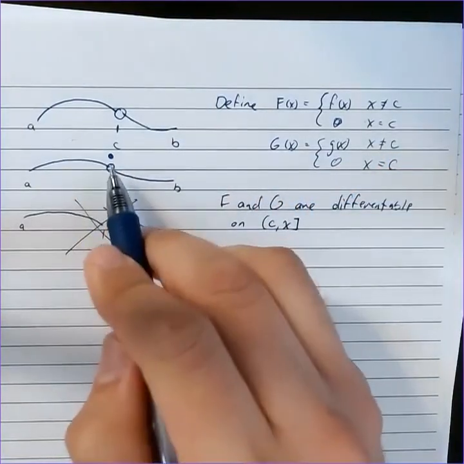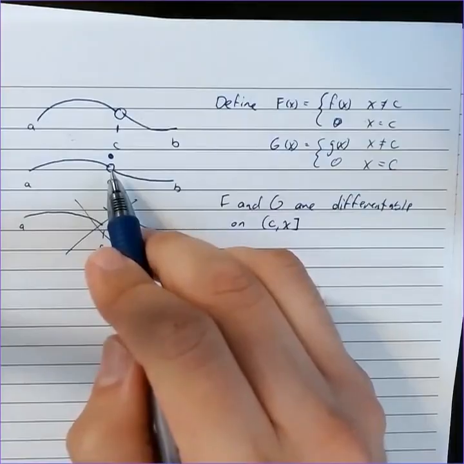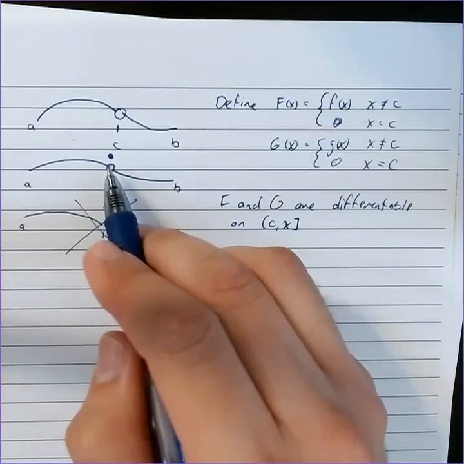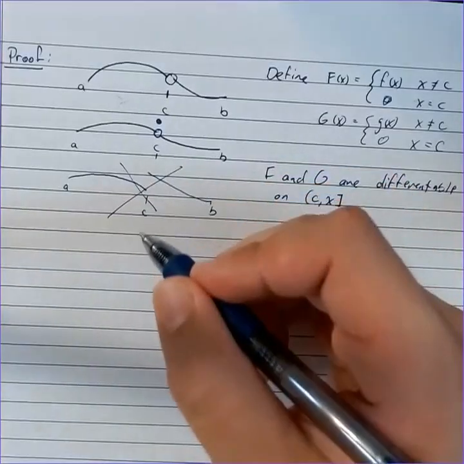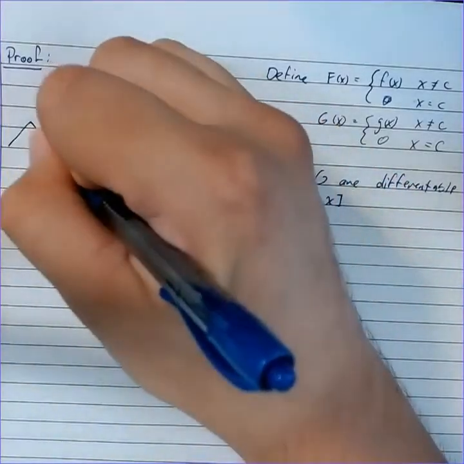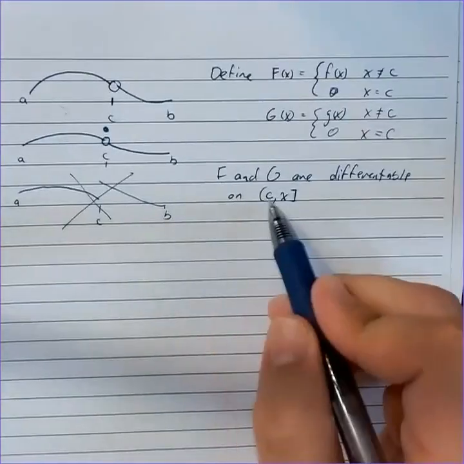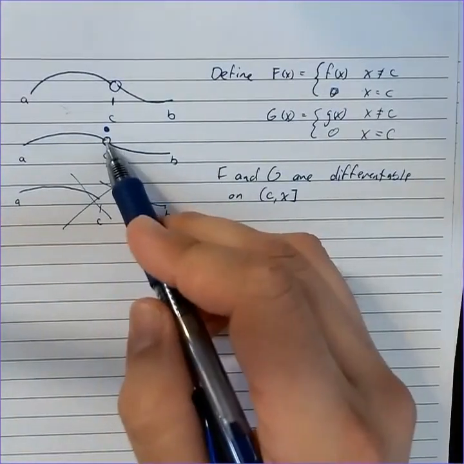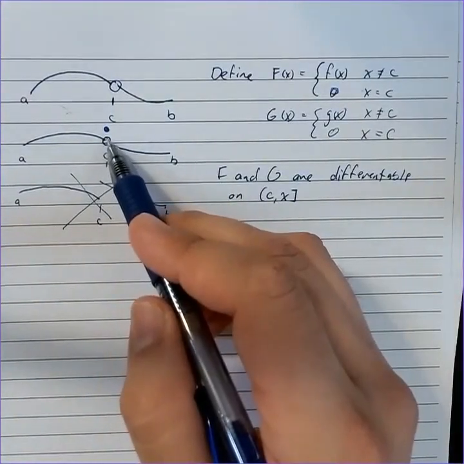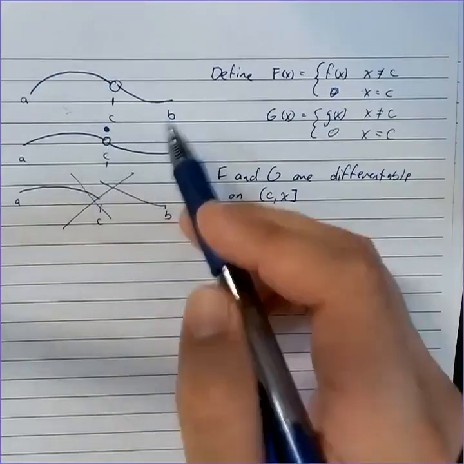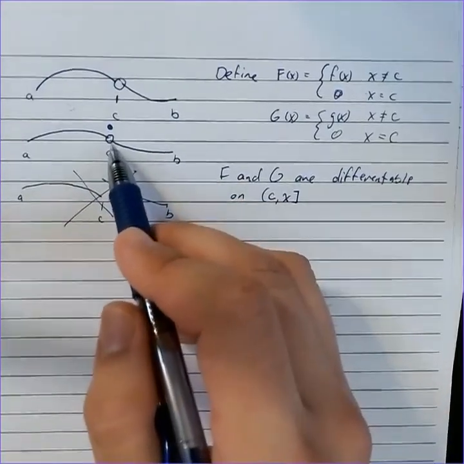Just because we define the point there doesn't mean it's necessarily differentiable. It's continuous at that point, but we've seen plenty of examples in Cal 1 where a function's continuous, but it's still not differentiable there. That's good, but it still may not be differentiable. Well, we have what we have.